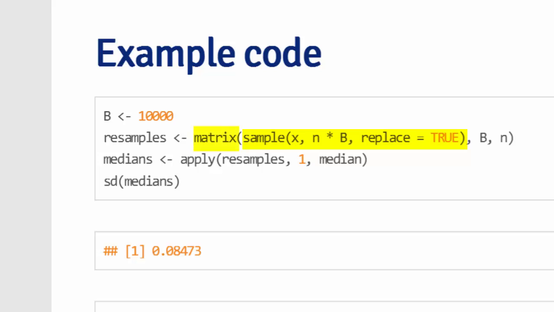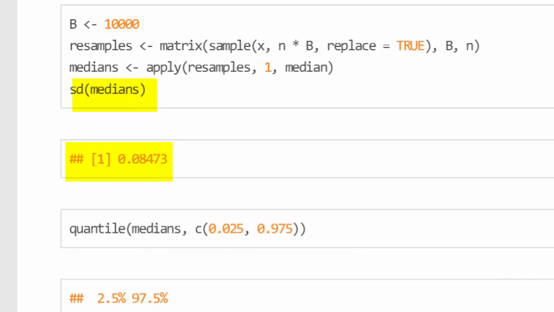And now I'm going to simply arrange them into a matrix with b rows and n columns. So every row now is a bootstrap resample, and it has n observations. I'm going to go along the rows in the next line and take the median for each row. When I take my standard deviation of my medians, I get 0.08473.